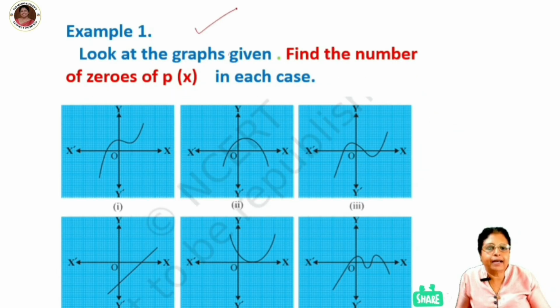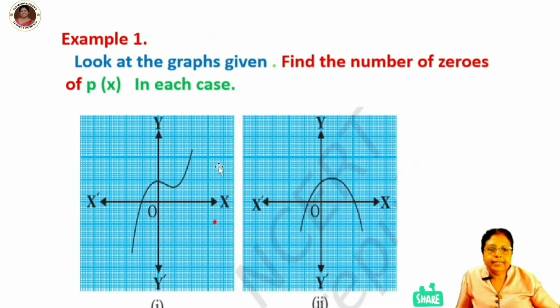Let's see one example. Look at the graphs given below. Find the number of zeros of p of x in each case. See, some 6 cases are given here. See the first 2 cases. Here, we want to find the number of zeros of this p of x in each case.